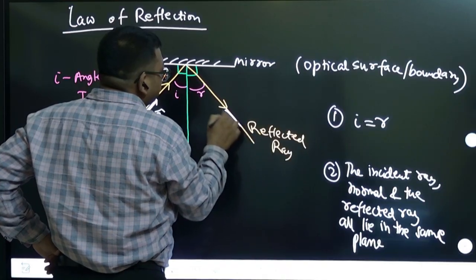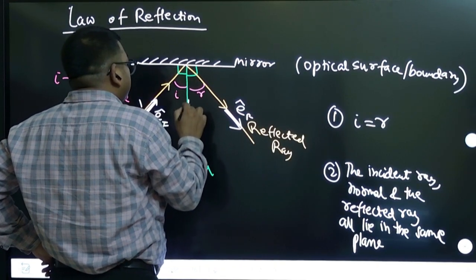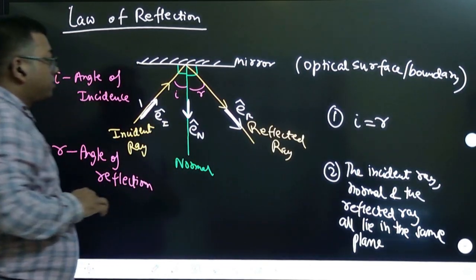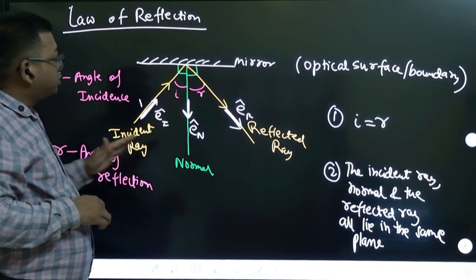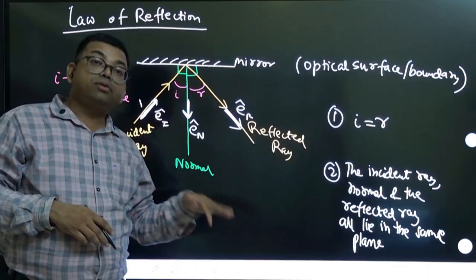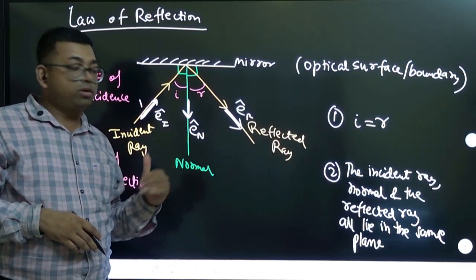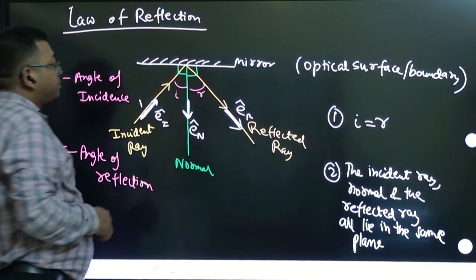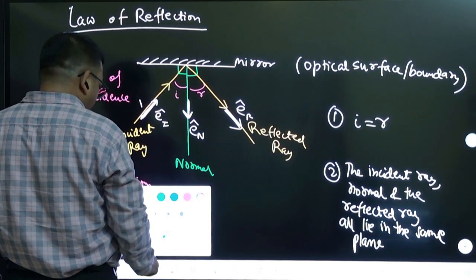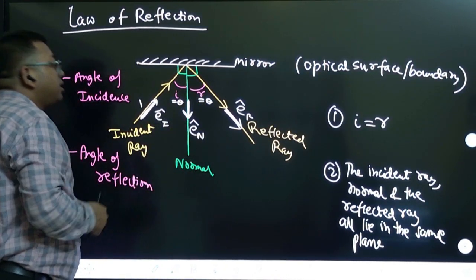Similarly, there is a unit vector in this direction, E_R cap, and a unit vector in this direction, E_n cap. E_I cap is the unit vector in the direction of the incident ray, E_R cap is the unit vector in the direction of the reflected ray, and E_n cap is the unit vector in the direction of the outward normal. Now we want the relationship between them. Let us say that this angle I is theta, and R is also theta.